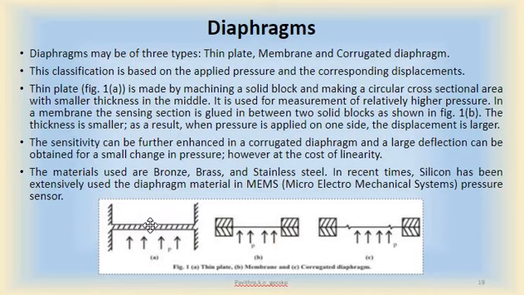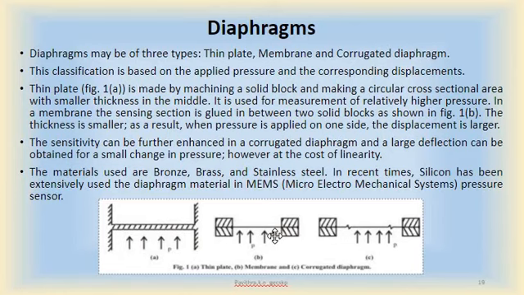The thickness is smaller in the middle, and as a result, when pressure is applied on any one side, as you can see in this figure, the pressure is applied from the bottom, the displacement is larger on the other side, and by measuring the displacement we can record the pressure input.